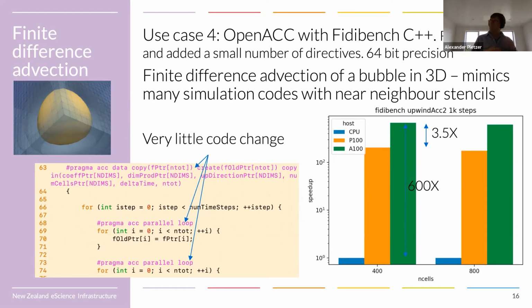We originally, when we ported it, were very happy. We had an improvement of 20x, but we were able to do much better than that. We ended up with a speedup of 600 over the serial version. And I have to say that when the code ran, I was pretty convinced that something must have gone wrong, because I don't think I've ever experienced a 600x speedup over serial.